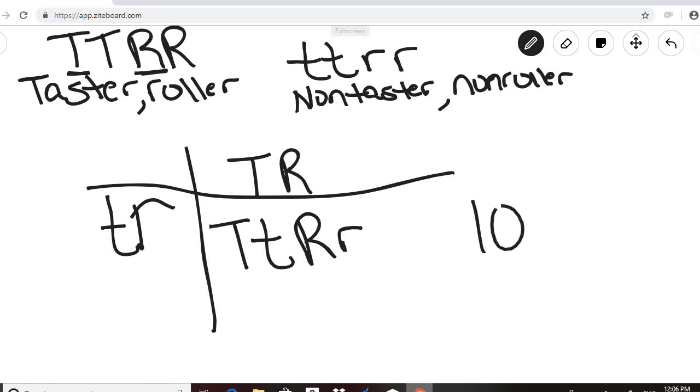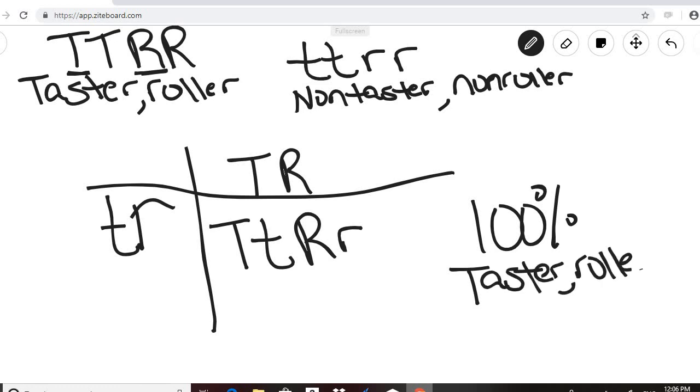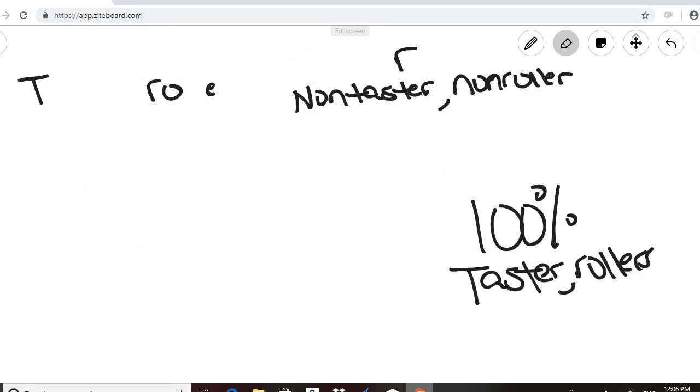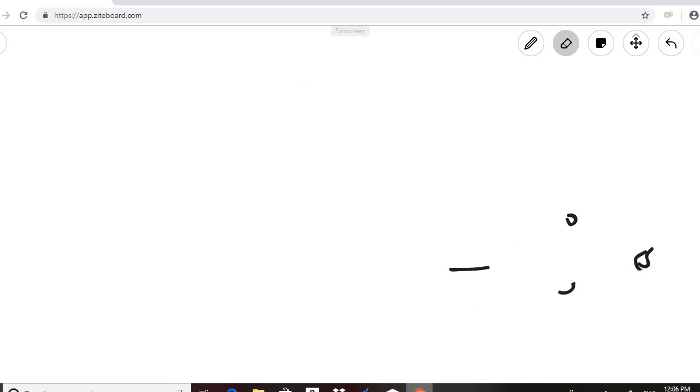So 100% of the offspring would be tasters and rollers, and they would be heterozygous for each of those traits. Okay, so that's another example of a dihybrid cross where you look at two characteristics at once instead of just one.